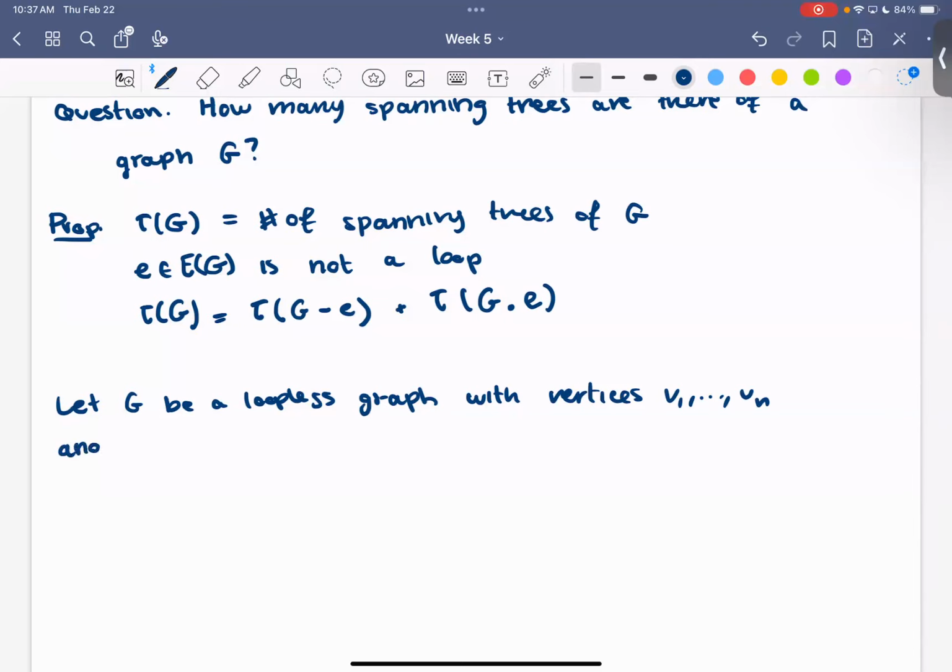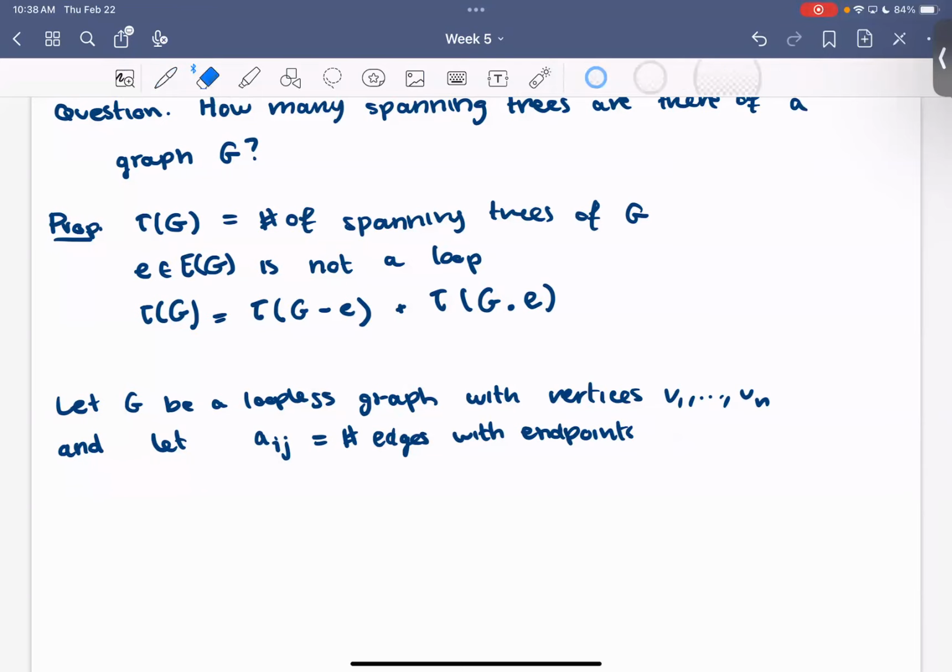And I'm going to let A sub ij be the number of edges with endpoints Vi and Vj.